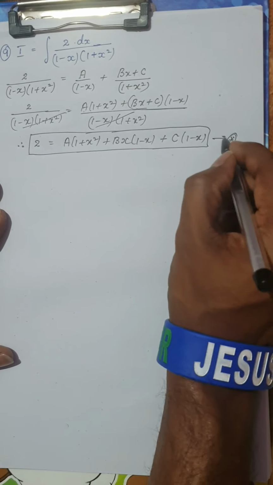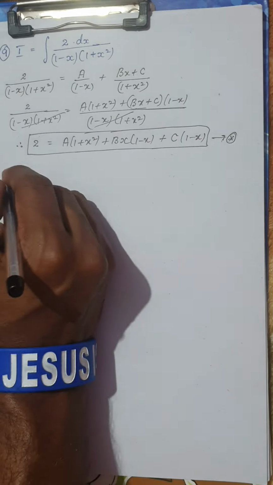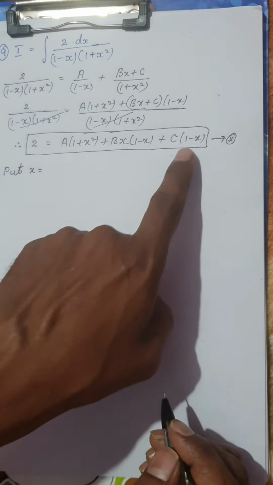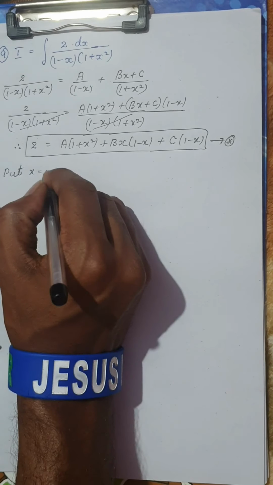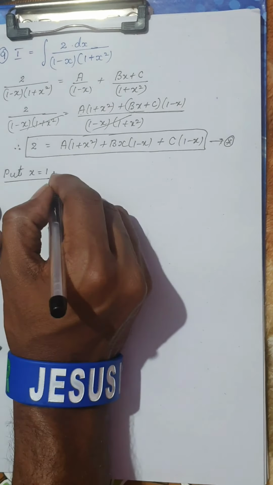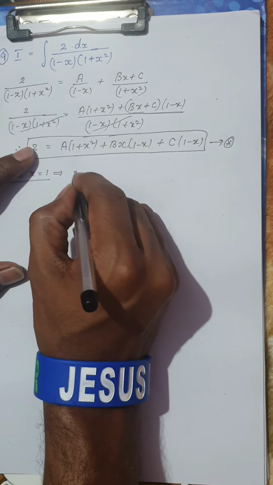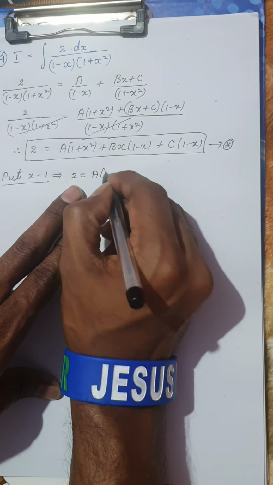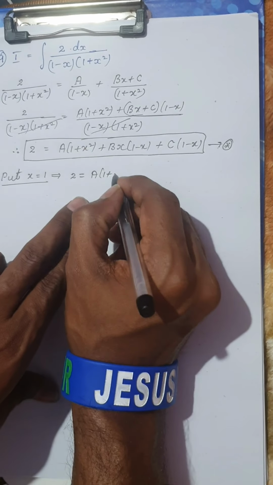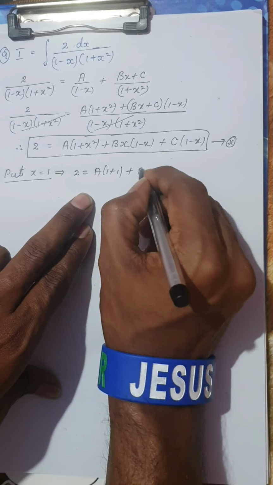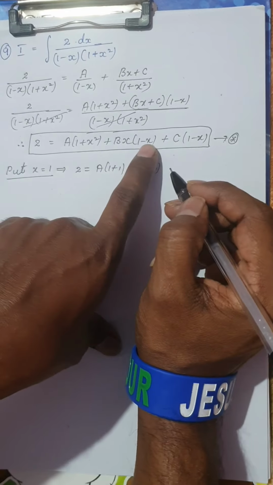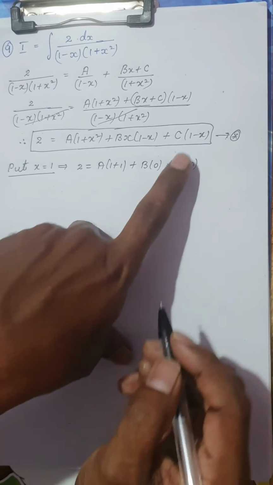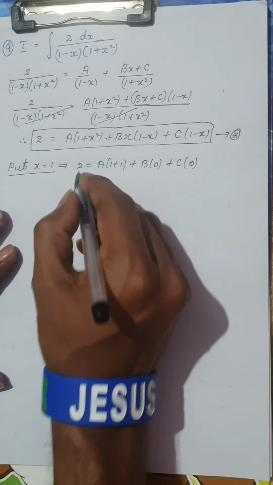Let me consider this as star. In the first case, as we have already done, let me put x is equal to 1. So what will I get? The left hand side is 2, equal to a into 1 plus 1 square, which is again 1, plus b into, this term becomes 0 because 1 minus 1 is 0, plus c into, again this is 0 because 1 minus 1 is 0.